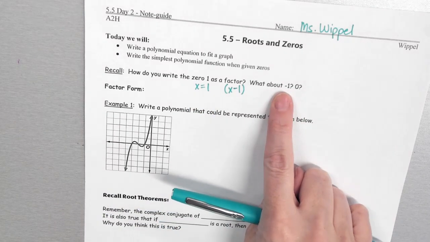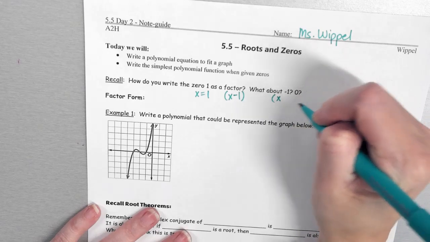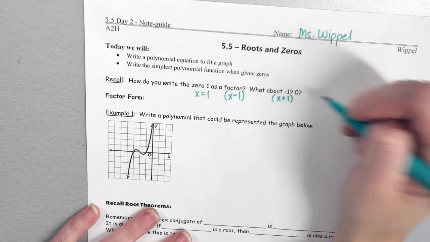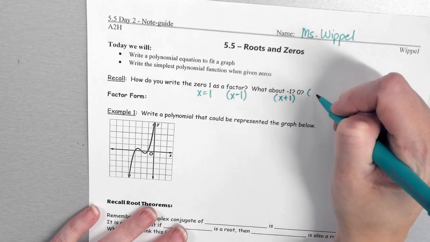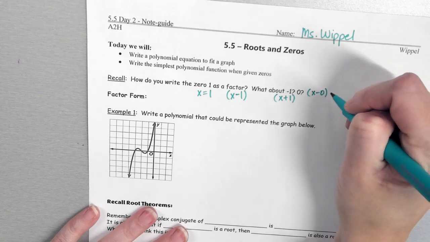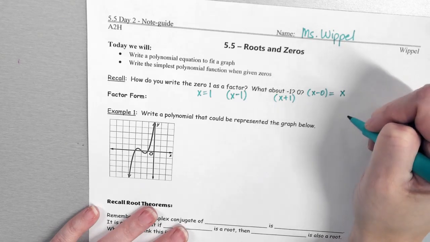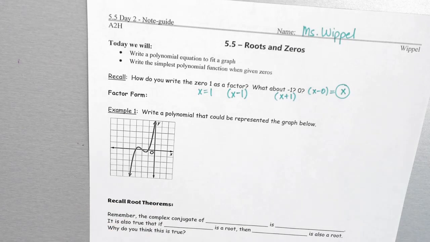So if you had negative 1 as a 0, how would we write that as a factor? X plus 1. And if you had 0, well, even if you had x minus 0, what would you get? You just get x, right? So if it's 0, you can just write it as x.